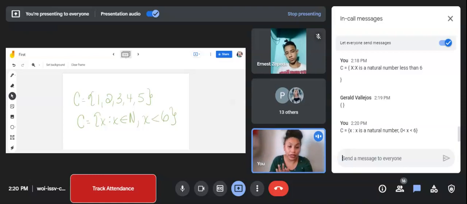And then I put another way in the chat. Take a look at that way. It's saying the same thing. It's saying that X, all of the elements are natural numbers, but the second part where it has 0 less than X less than 6, that is saying that I want the numbers that are in between 0 and 6. That is how I write in between 0 and 6.